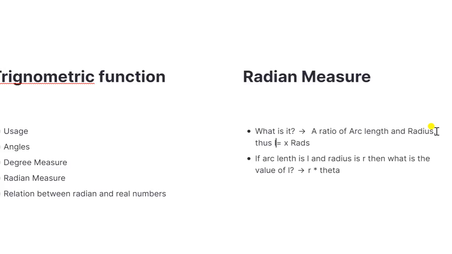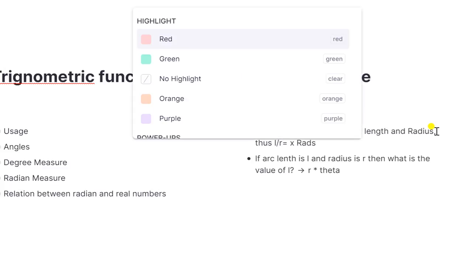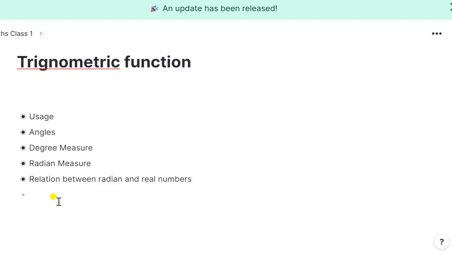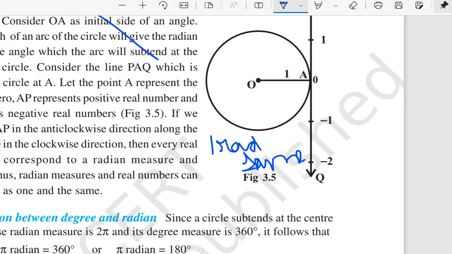Thus, L by R equals X rads. It is basically that much. So radian is always a ratio. It's nothing more than a ratio.